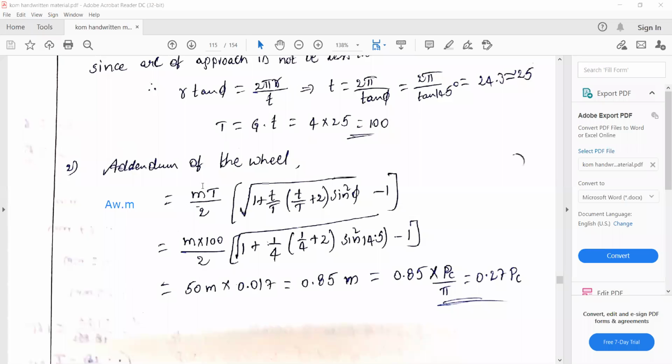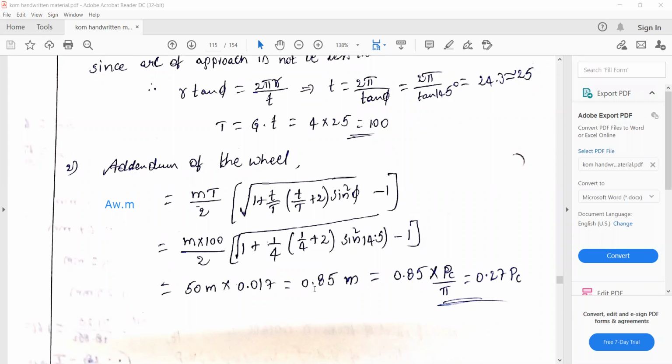In this, just substitute the known values in our equation. So when we substitute, M into capital T is 100 by 2 into square root of 1 plus 1 by 4 into (1 by 4 plus 2) into sine square 14.5 minus 1. Now the value comes to 0.85 into m, where m is the module.